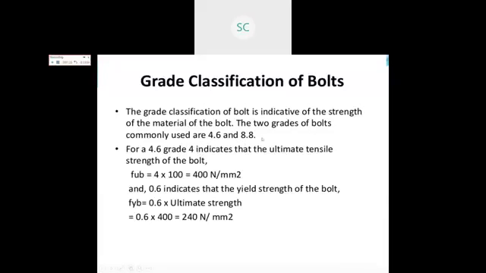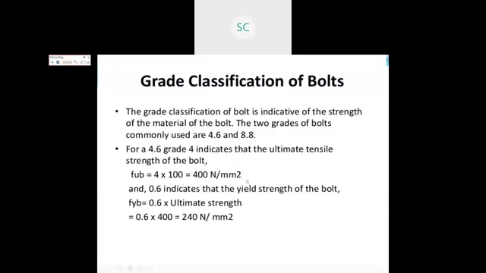So if you talk about this 4.6 grade, what does it mean by 4 and what does it mean by 6? Here 4 indicates the ultimate tensile strength of the bolt. So tensile strength of the bolt is 4 into 100, 400 Newton per mm square, and generally you are using 410 or 400, any one. There is no difference.